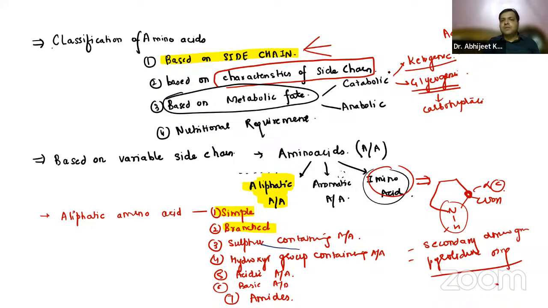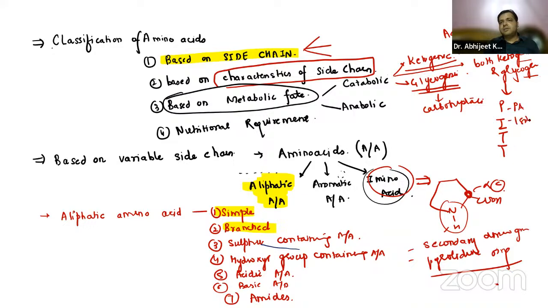There is one more category, both ketogenic and glycogenic. It means it has acetyl coenzyme A along with the glycogenic part. You can remember it as PIT: phenylalanine, isoleucine, tryptophan, and tyrosine.